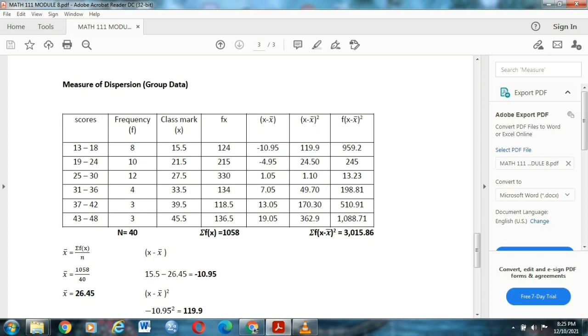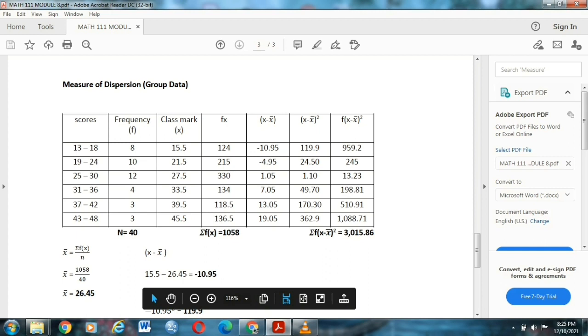Sunod, kukunin natin yung x minus x bar or yung mean. Ibig sabihin, kunin muna natin yung mean. Yung x natin is the class mark. Ang mean natin ay yung di pa natin nakuha. So, to get the value of the mean for group data, mean is equal to summation of f of x over n.